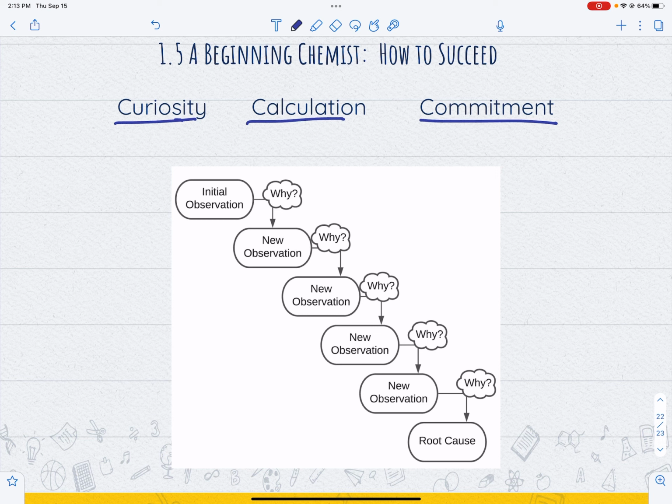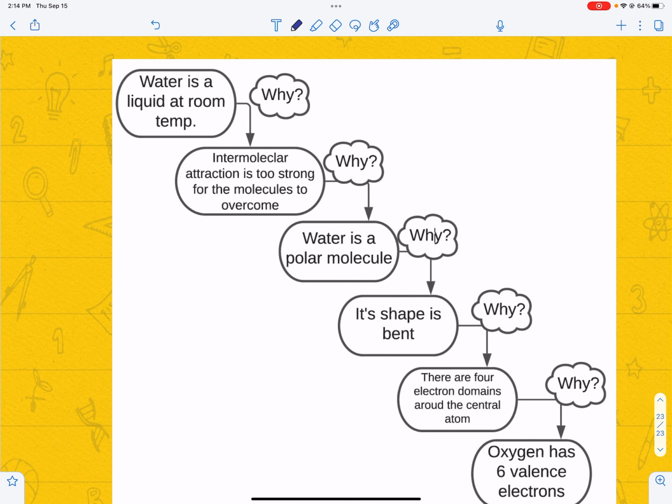When I think of curiosity and commitment, I think about this graphic right here, that a good chemist is constantly asking the question why. And then after you answer that question why, you get a new question, and you're looking for really a root cause of something.